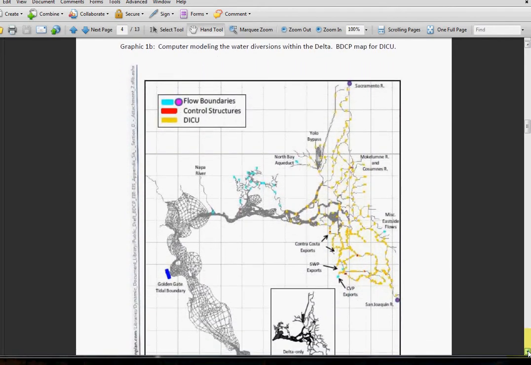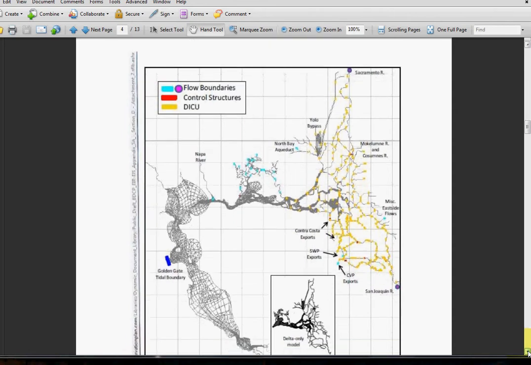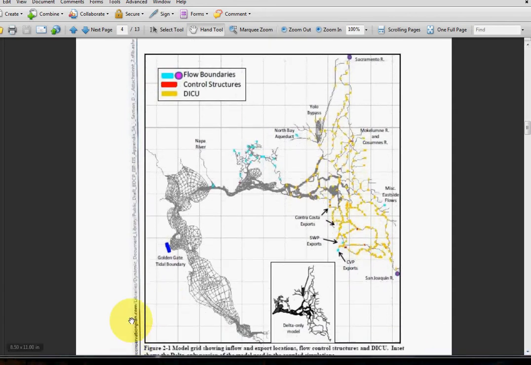or let's go to one of the more official sources. This is the computer modeling for the Bay Delta Conservation Plan. This came from Chapter 5, Section D, Attachment 2, and this is the in-delta water use.